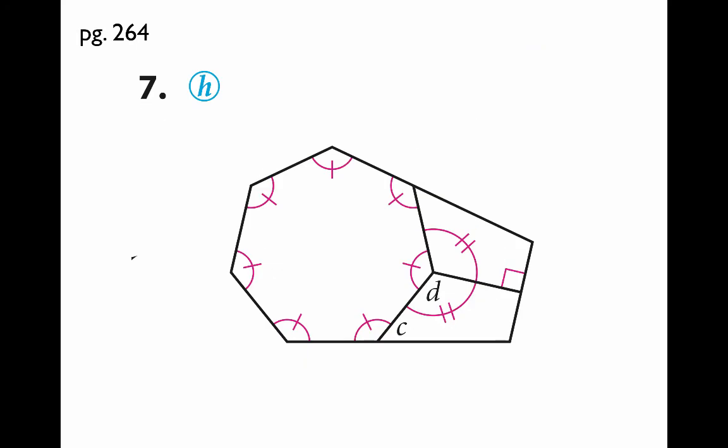Okay, last one, number 7. This beautiful little polygon in the middle here has 1, 2, 3, 4, 5, 6, 7 sides. And so to find each interior angle, we're going to go 180 times 7 minus 2, all divided by 7. And that gives us a fun little number of 128.57-ish. Obviously, there's more decimals after that.